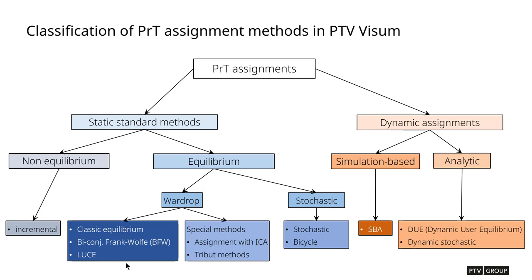Assignment with ICA is sometimes called quasi-dynamic. We will come back to that in a minute. And the tribute method is associated with the use of tolls and some specific assumption about the distributions across the driver population. So furthermore, we have stochastic equilibrium methods and the incremental assignment as the only non-equilibrium assignment.